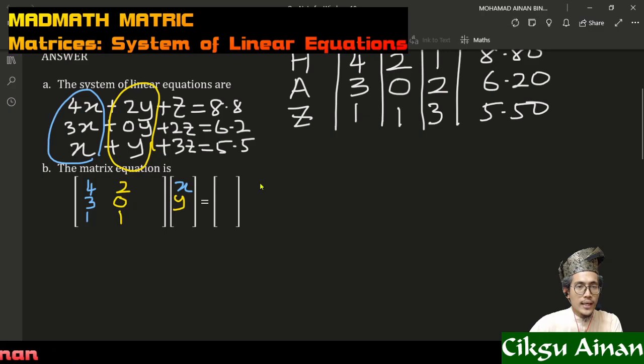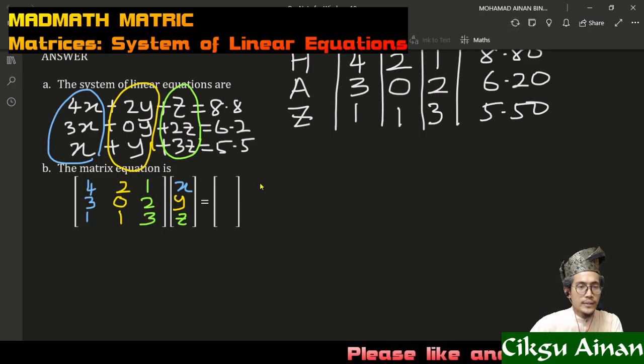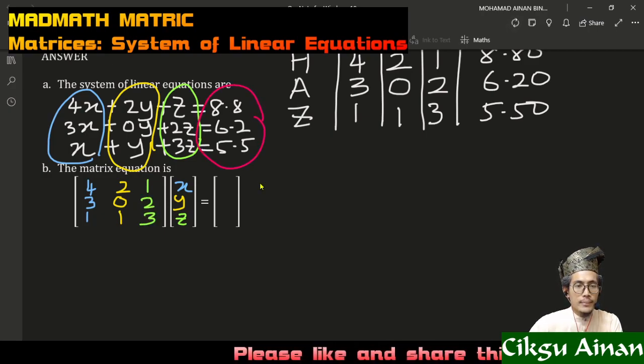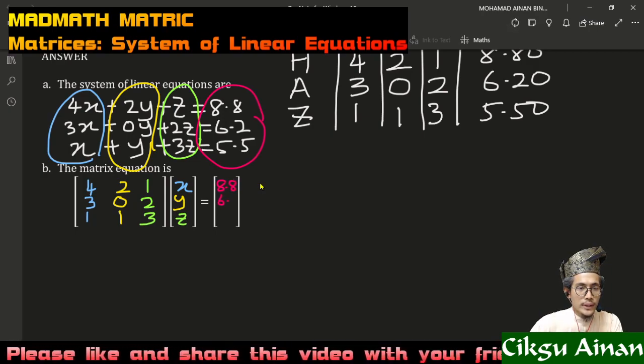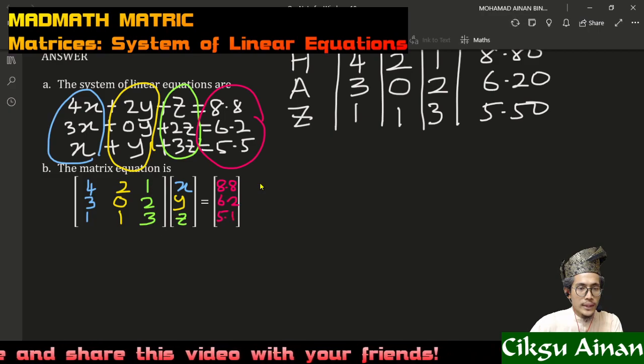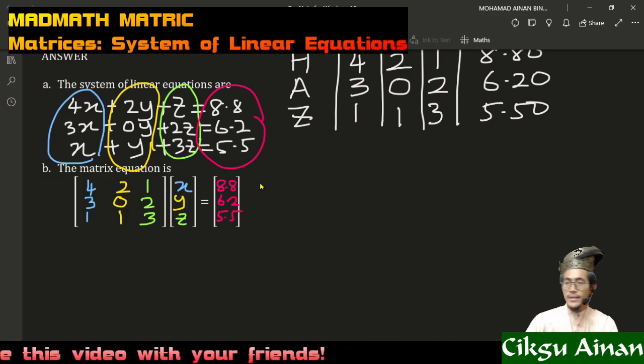And last but not least, z, and the coefficients are 1, 2, and 3. Okay, and next, this number just copy paste over here. Alamak, tak muat. Too small. Oh well, something like that.